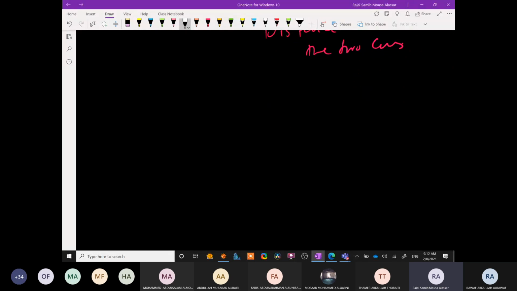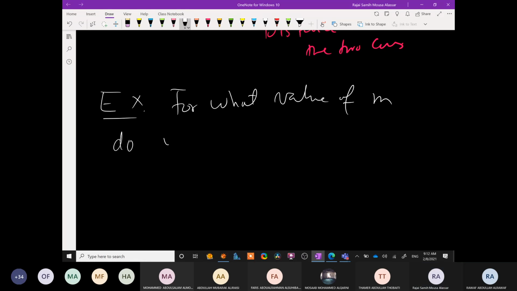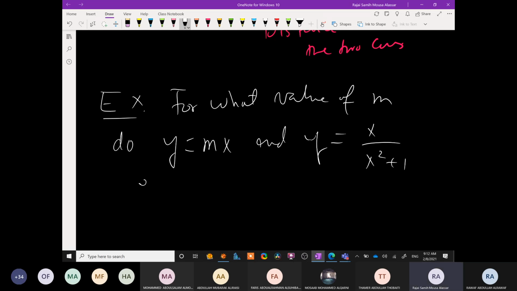The last problem, this is just a small comment. The last problem says the following: for what value of m, this is just a fancy problem, do y equal mx and y equal x over x squared plus 1 enclose a region?